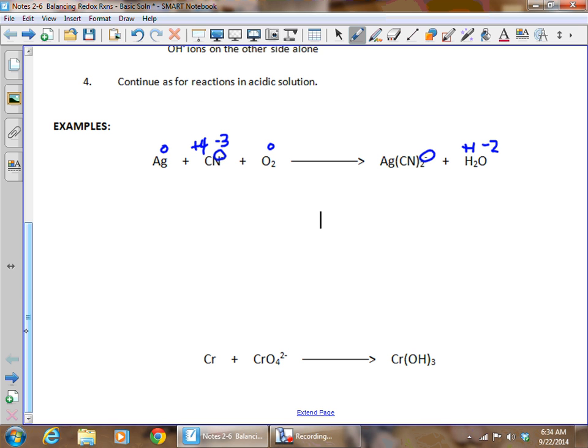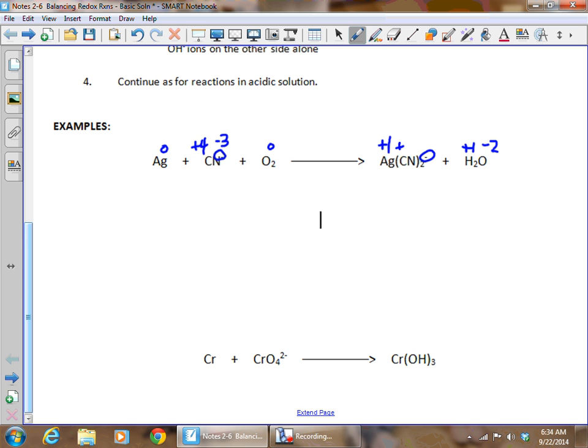So we've got a -3 and a +4 for our carbon and nitrogen. And then on the other side, since cyanide is a negative charge overall, we should know by now that silver as an ion only has one possible form, and that's a +1. And since this is cyanide again, cyanide is cyanide. Its charge is not going to change. Its oxidation numbers are not going to change.